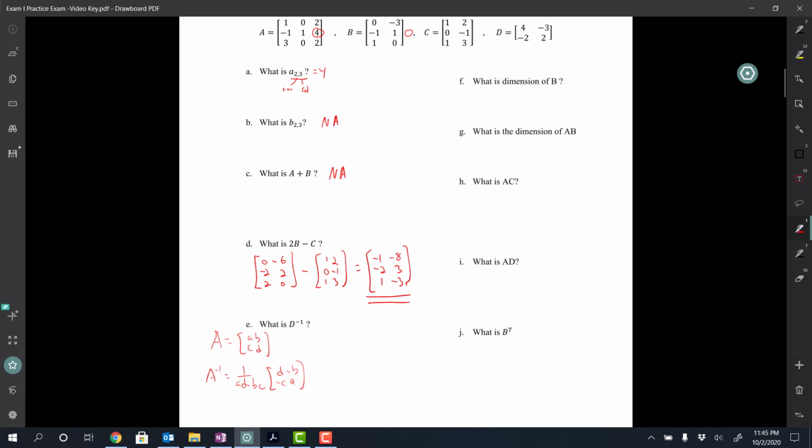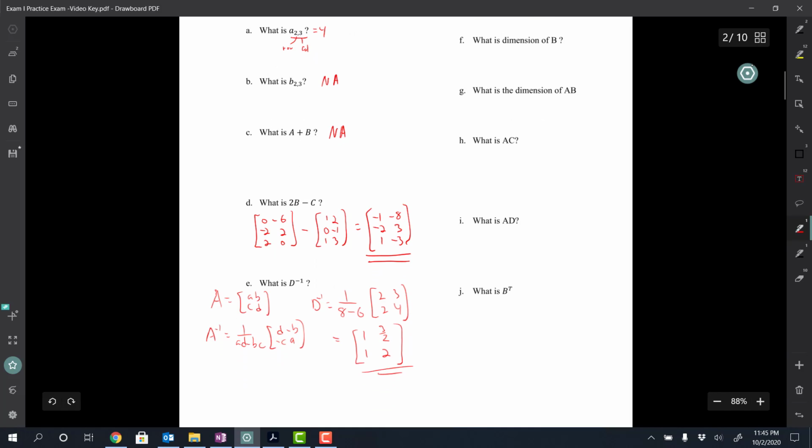So in our case, for D inverse, we're going to have 1 over 8 minus -3 times -2, which is +6, times the matrix when I switch the values on the main diagonal and change the signs on the off diagonal. So in this case, it looks like I'm going to have 1/2 times that matrix, which will be 1, 3/2, 1, and 4 times 1/2 is 2. So this should be my matrix D inverse.